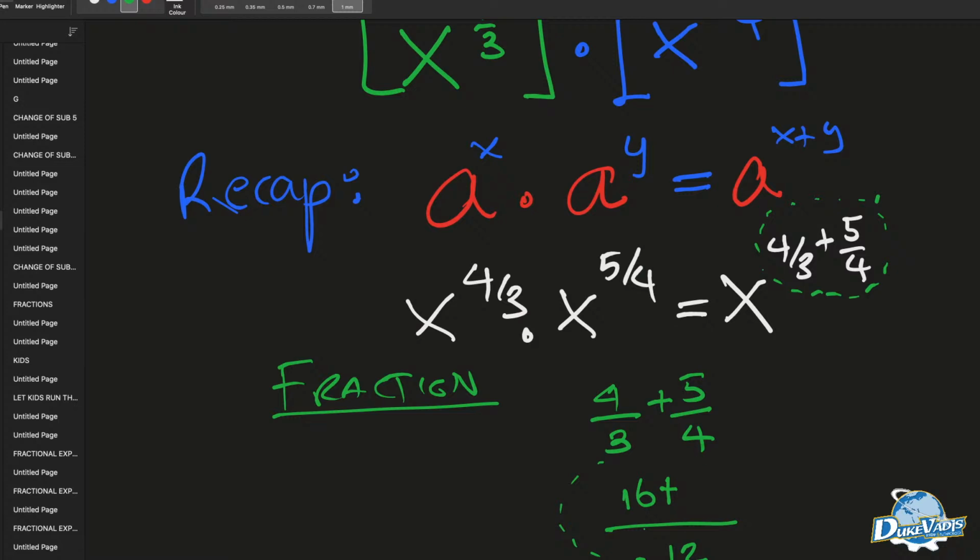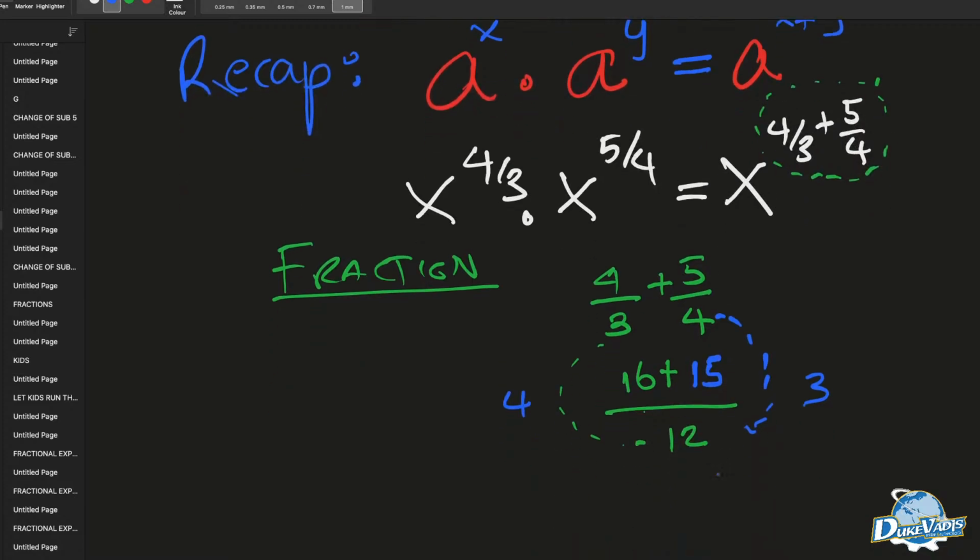Plus, 4 also goes into 12 three times, so 3 times 5 gives us 15. Now when we combine 16 and 15, we get 31. So we have 31 over 12.